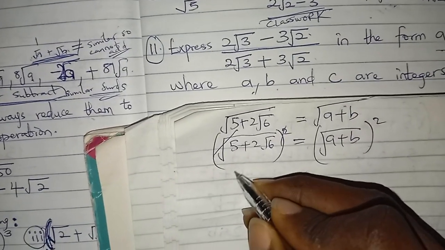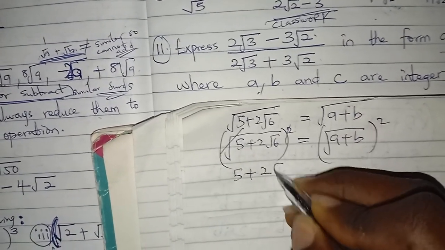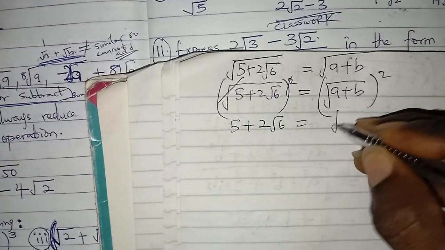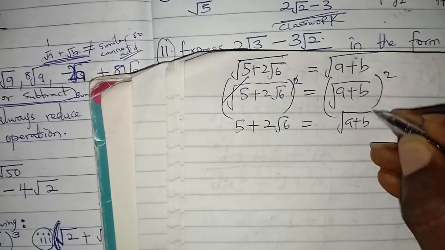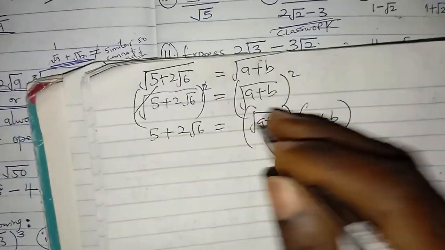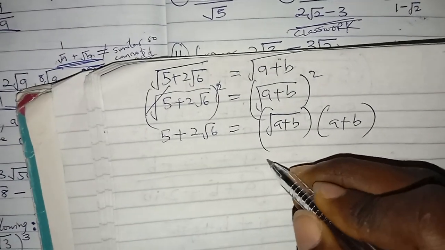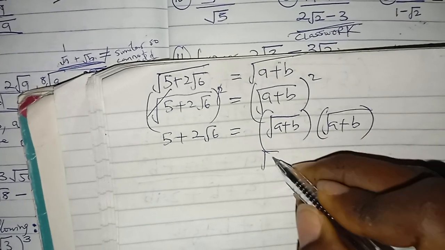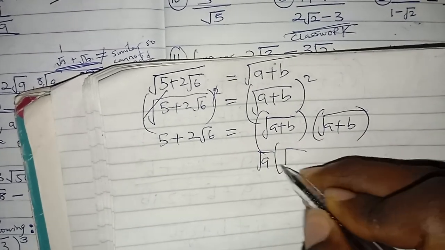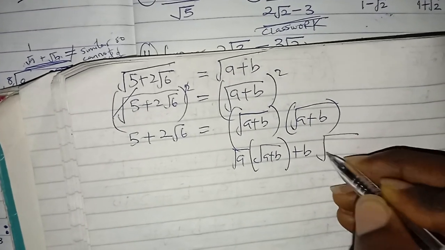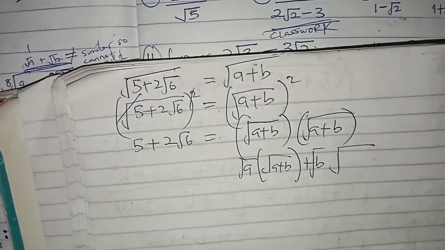So I have 5 plus 2 root 6 equals root a plus root b times root a plus root b. This is going to give me the same thing as saying root a into root a plus root b, then plus root b into, what is root?